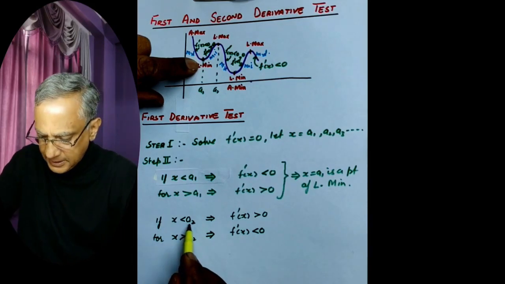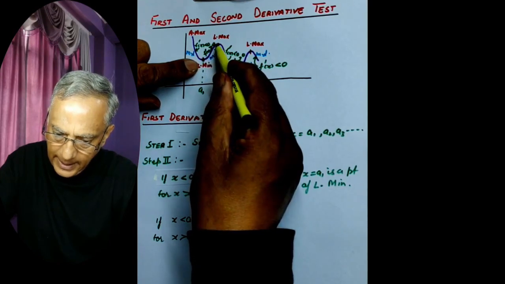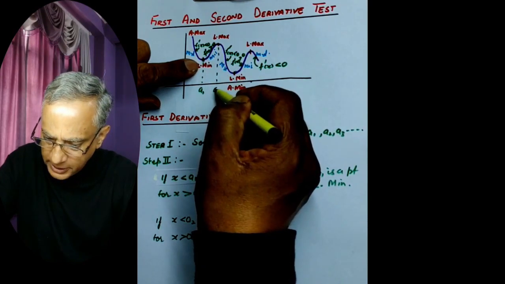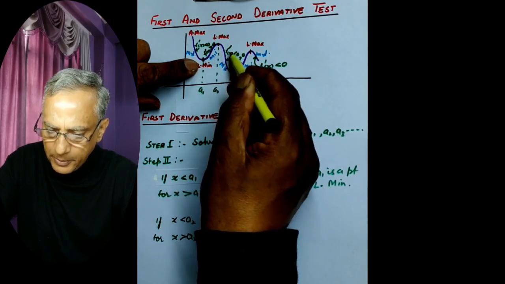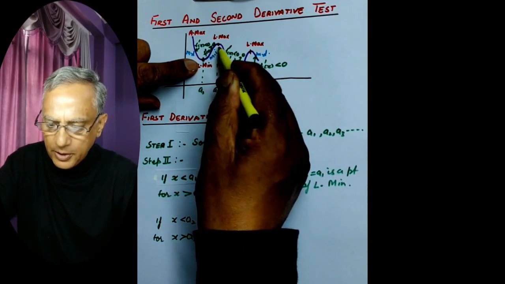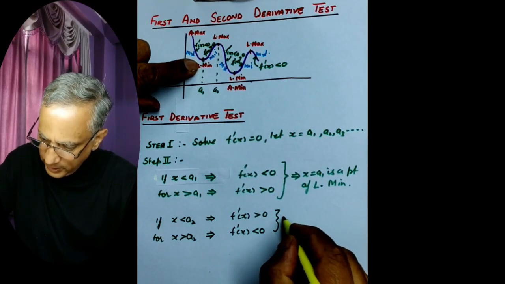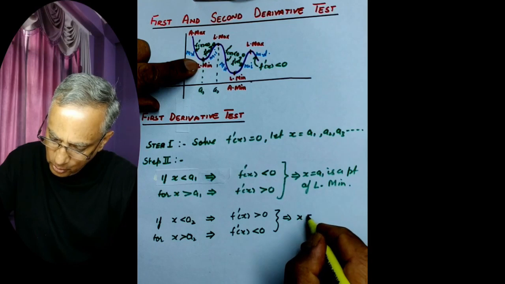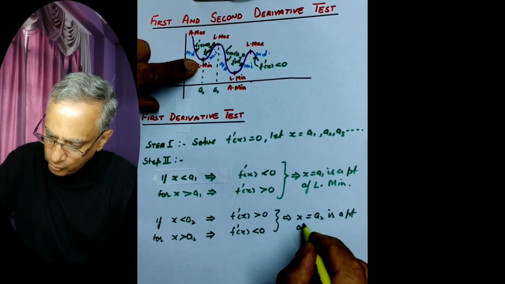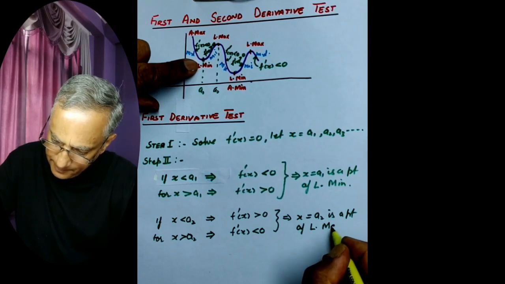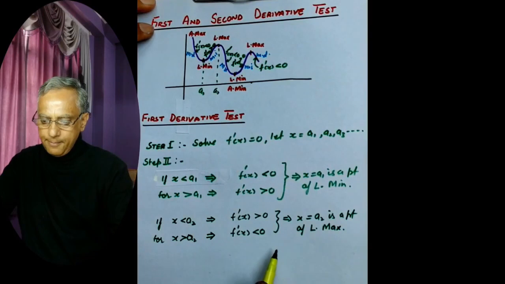When it crosses a2, the sign of the derivative becomes negative. That is, the function is monotonically decreasing. Then this will imply x equal to a2 is a point of local maximum.